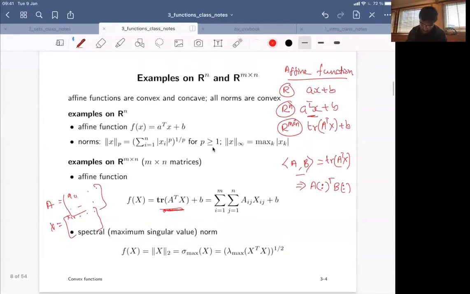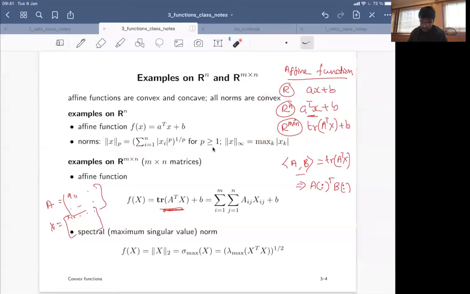Yeah. So what we saw was affine function, whether it is in Rn or Rmn, that is both concave and convex function. So this is the only function which falls under both of these categories. And now next is norm. Okay, all norms are convex functions.